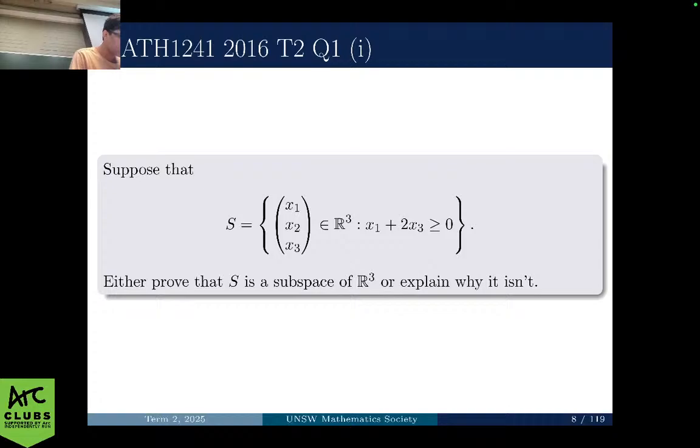If I know that this term is greater than or equal to 0, and I know that this term is greater than or equal to 0, then this entire expression must be greater than or equal to 0. And as such, it satisfies this last condition, that x1 plus 2x3 is greater than or equal to 0 when I add them together.